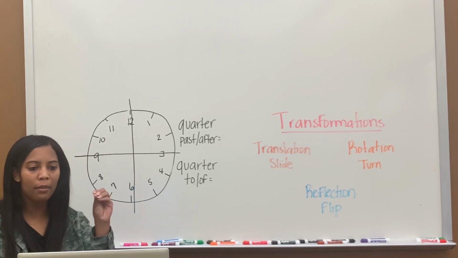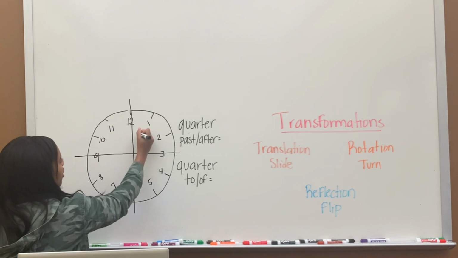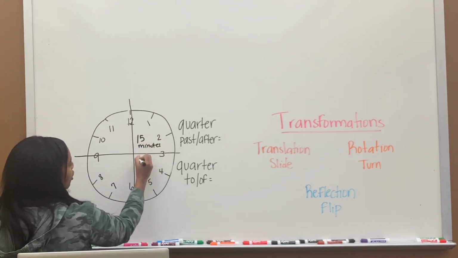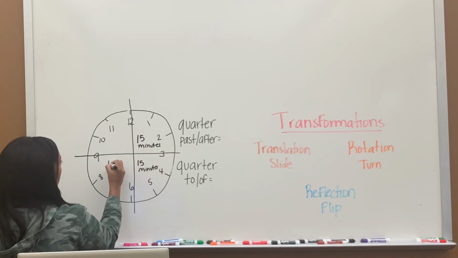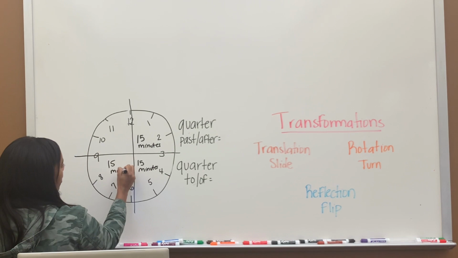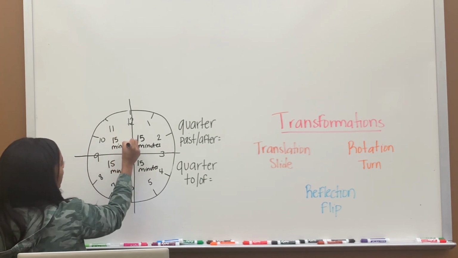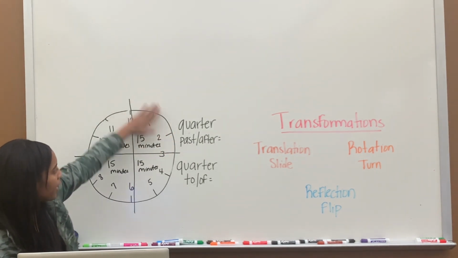When I divide my clock into 4s, each section that I have is a total of 15 minutes, okay? Each one is 15 minutes because 15 times 4 is 60, and remember there's 60 minutes in a full hour. So when I cut it 1, 2, 3, that's 15 minutes.